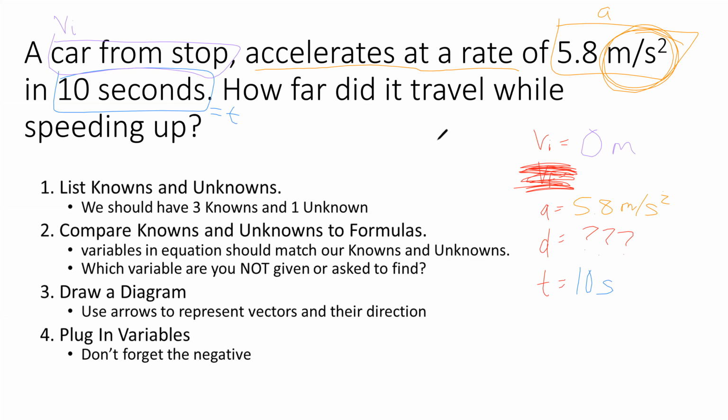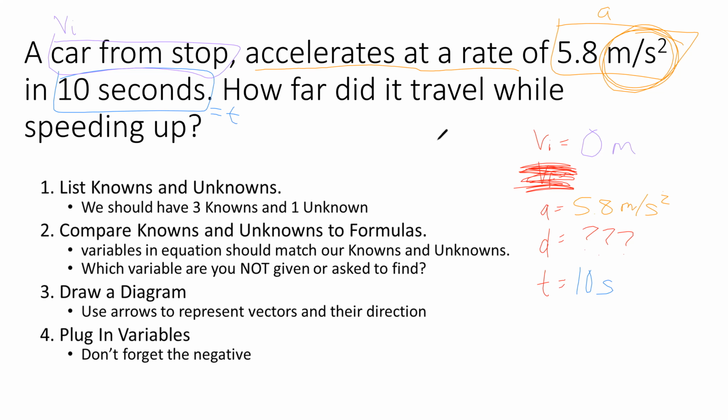So now I've listed my knowns and my unknowns. I have a VI, I have an A, I'm looking for D, and I have a T. Now we would go back and compare this to our equations.